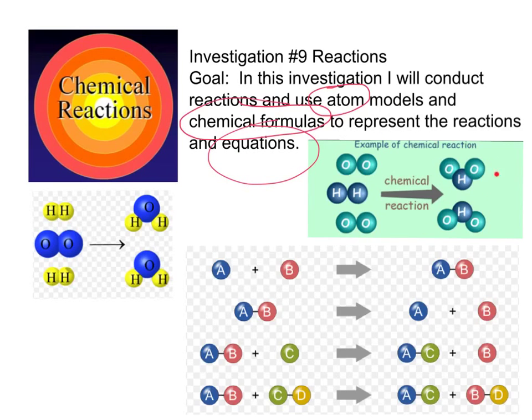So we have a couple different views, and what you'll notice with these views of atoms represented by letters or little round balls is that what goes in equals what comes out the other side. Okay, it just determines who's attached to who. But if you have 2 go in, 2 come out, 3 go in, 3 come out, and we'll look at that in investigation 9.